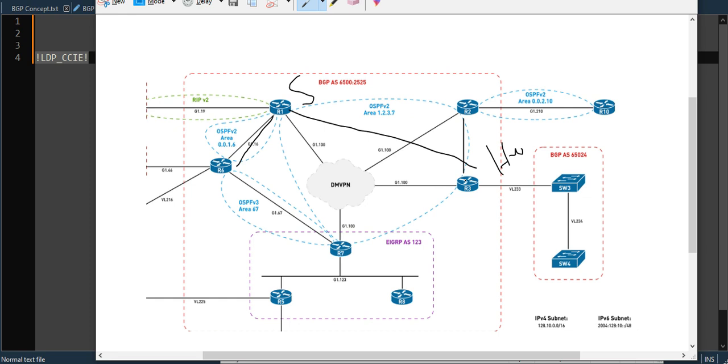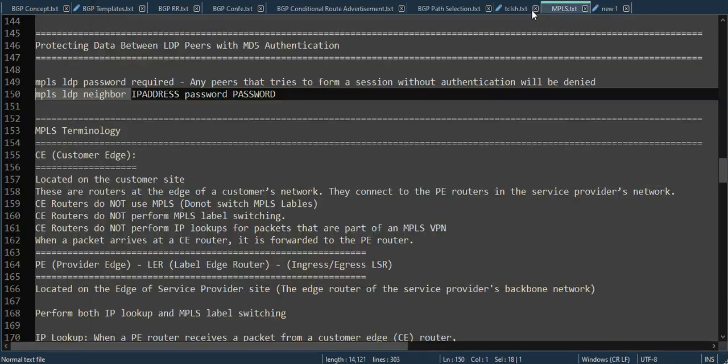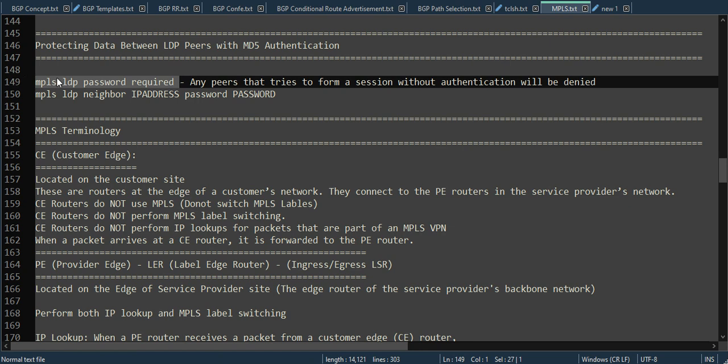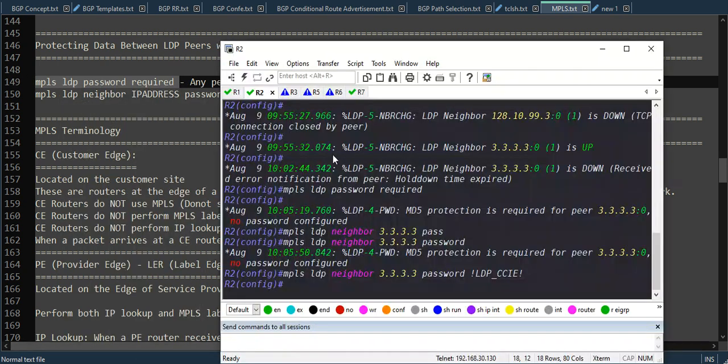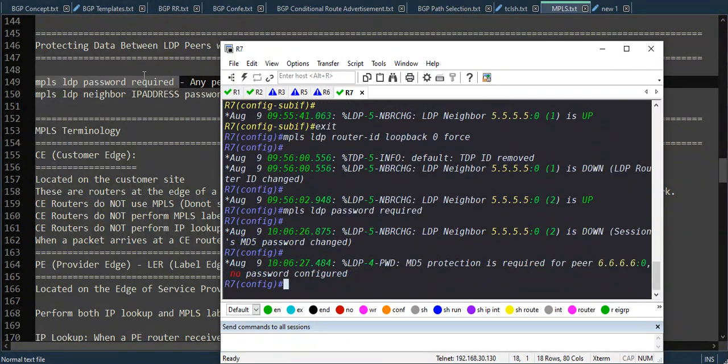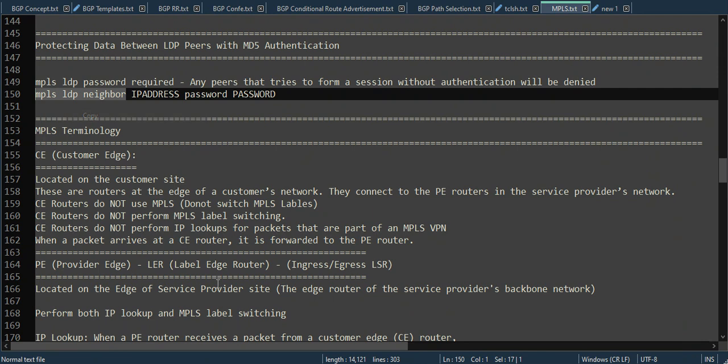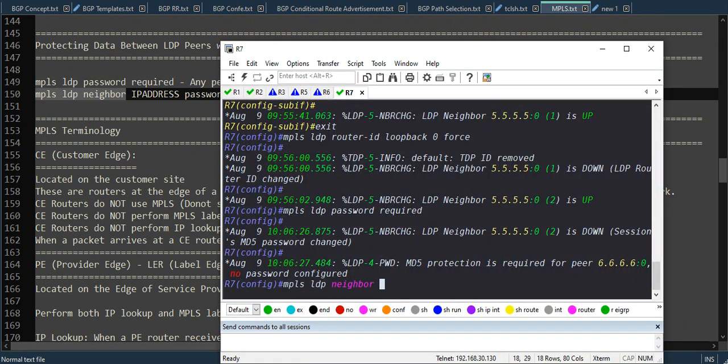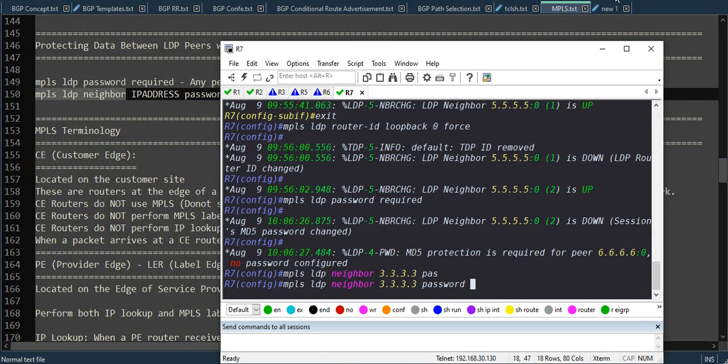Now let's configure R7 and R3. On R7, configure it. We have a neighbor with R3. Password is this one.